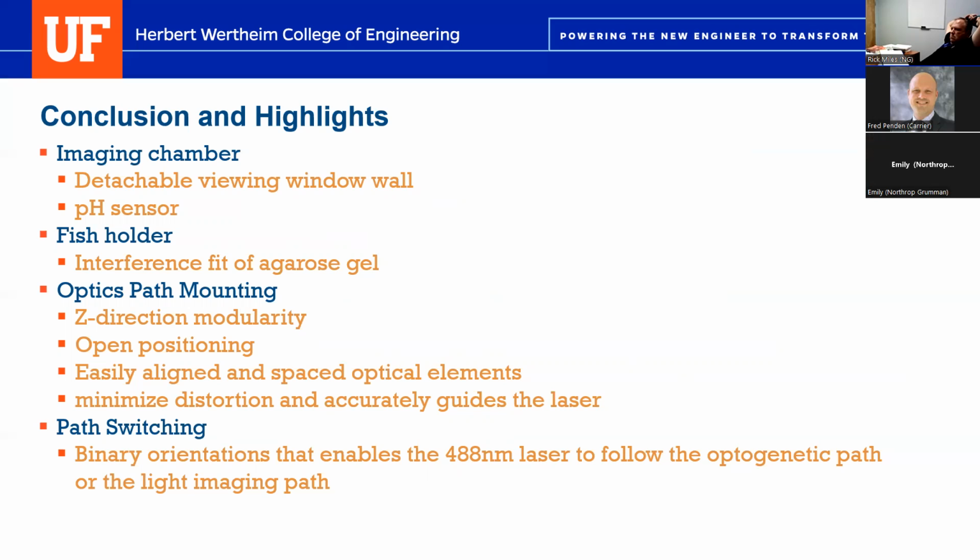Finally, our path switching device operates on a binary system of following either an optogenetic path or a light imaging path. And as always, it will be the customer's role to properly use, position, sterilize, apply, switch, and remove all components, as well as provide parts that will be needed to complete experiments in the lab.